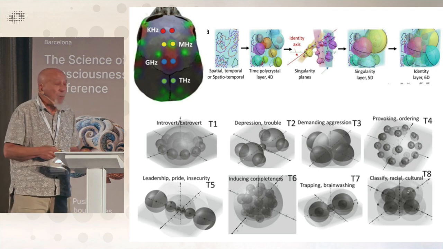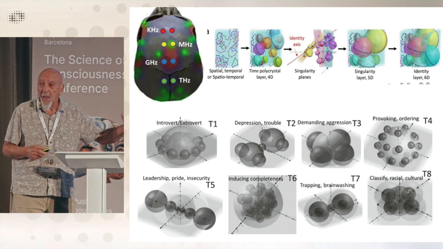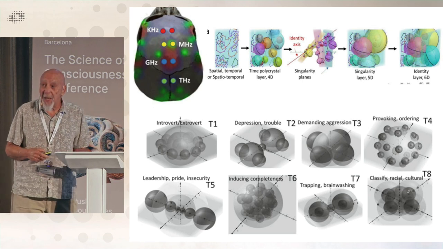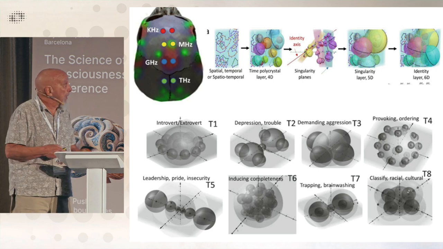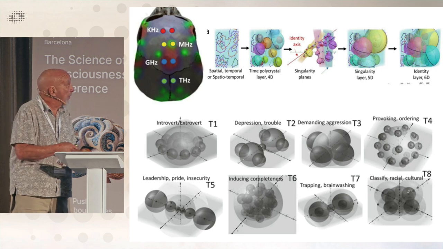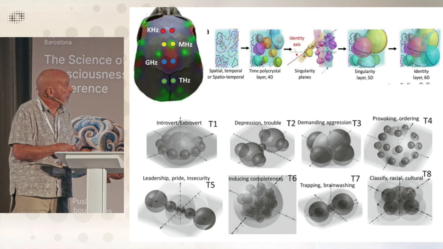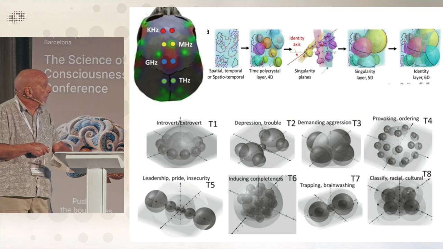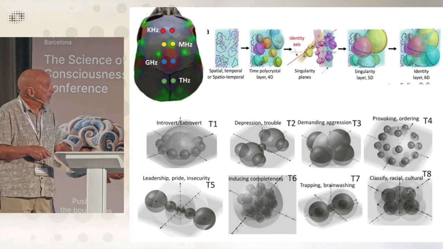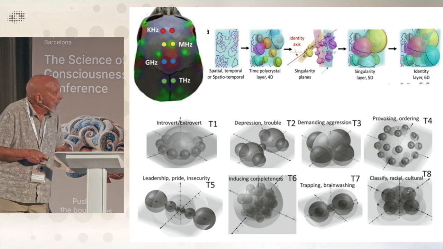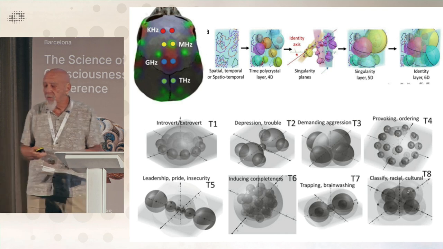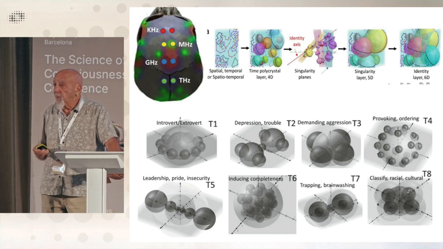It turns out when he went back and correlated this with the mood of the subject at the time, he found particular patterns of clocks within clocks of time crystals correlating with things like their personality: introvert, extrovert, whether they were depressed, whether they're demanding and aggressive, provocative, ordering, leadership, inducing completeness, trapping and brainwashing, and racial, cultural, and so forth. So personality traits and attitudes correlate with particular patterns.